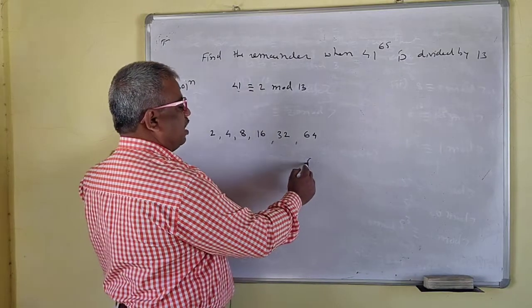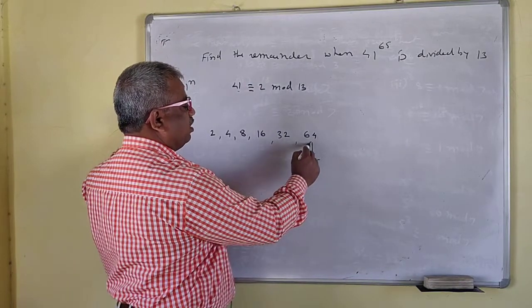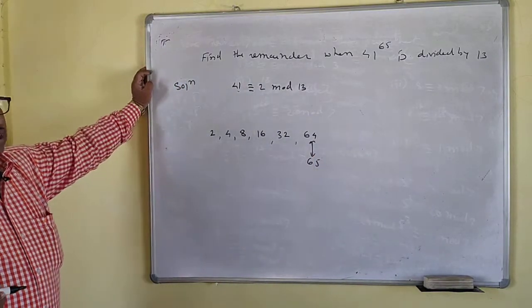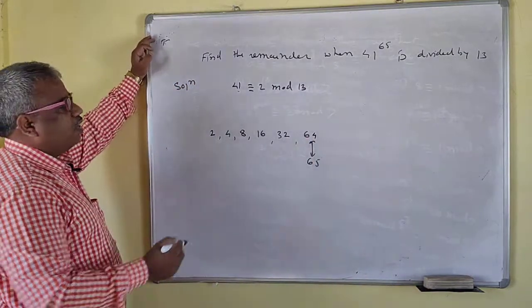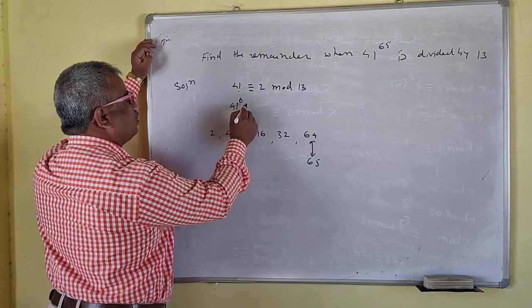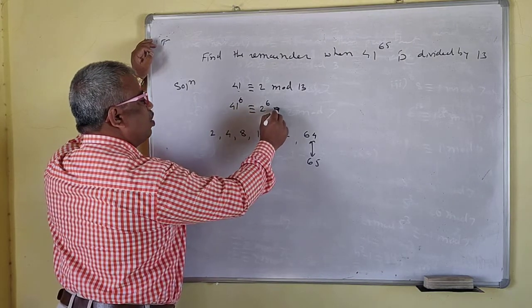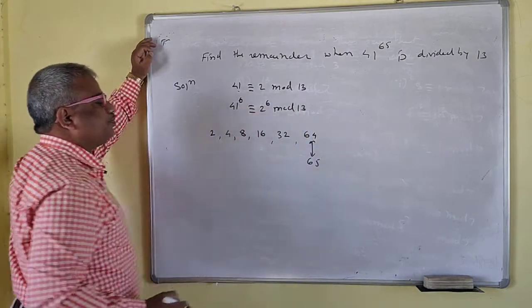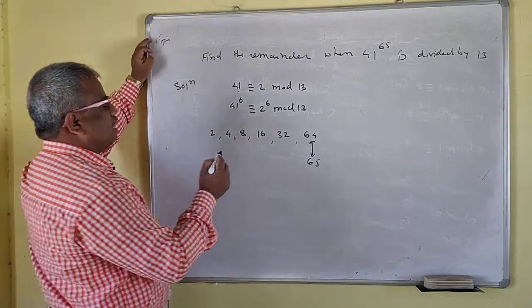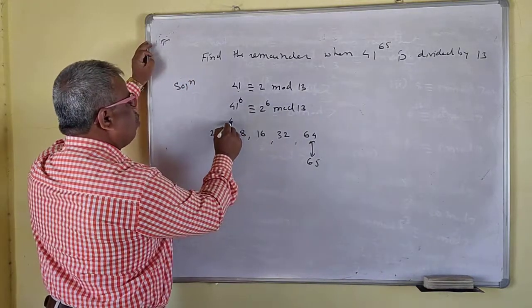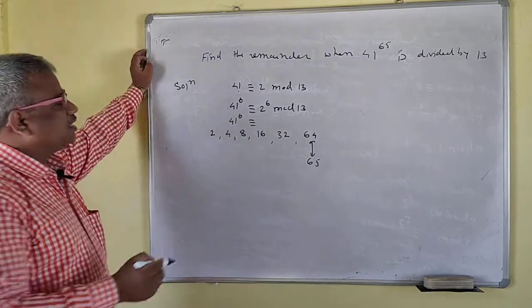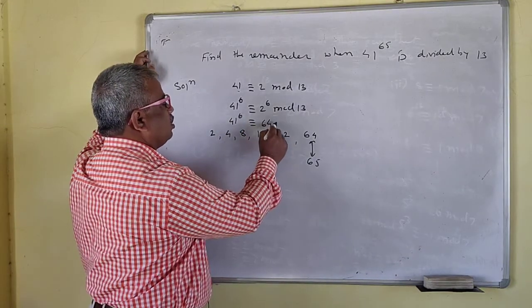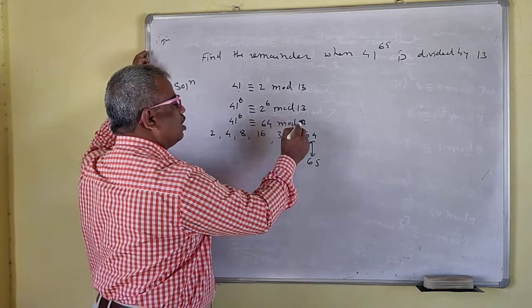So 65 is there now. 65 and 64 are very close to each other, right? So 64 is the power 6 now. I will take 41 to the power 6 is congruent to 2 to the power 6 mod 13 now. Okay, so that means 41 to the power 6 is congruent to 2 to the power 6, which is 64 mod 13.